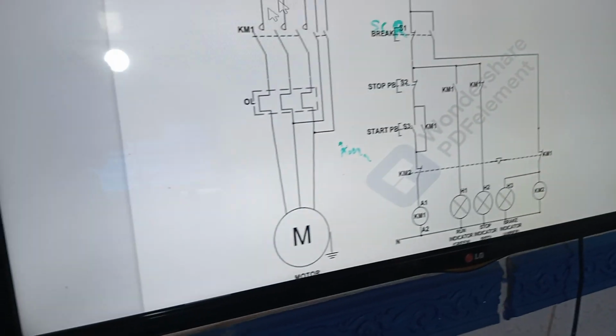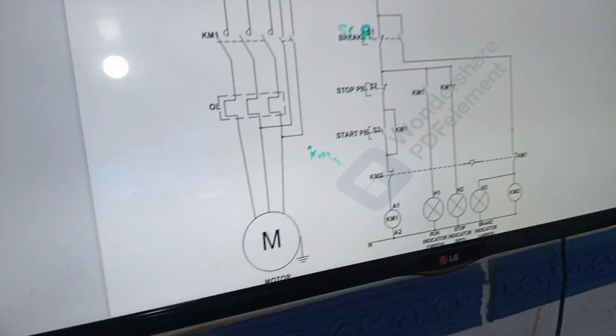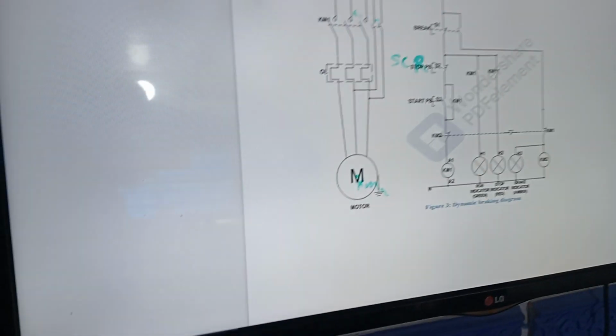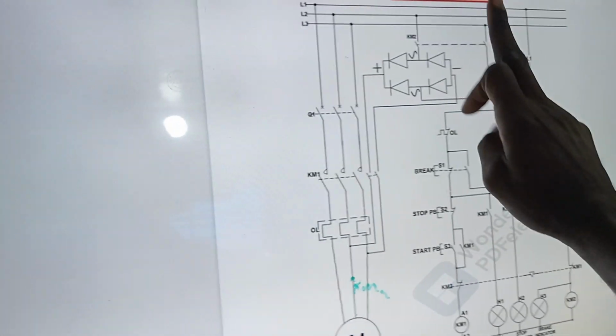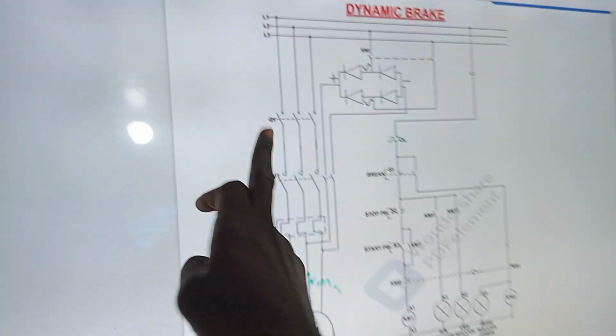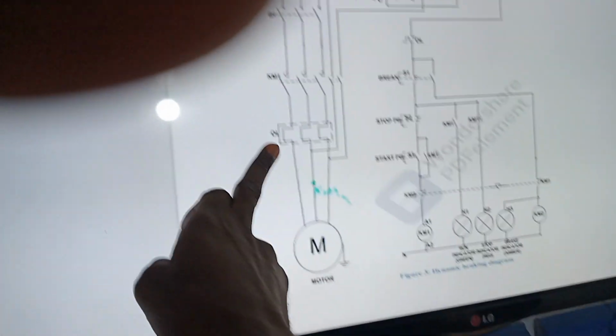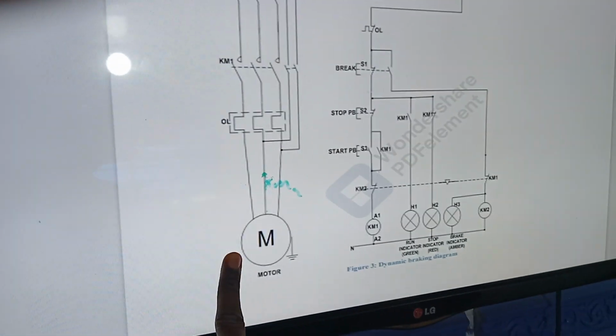Can I zoom this out? Of course, I can zoom it in for clarity. Okay, so let me clear this. So I have my SCR, my circuit breaker, my contactor, my overload, and my 3-phase motor.